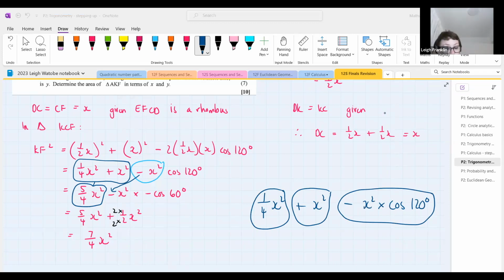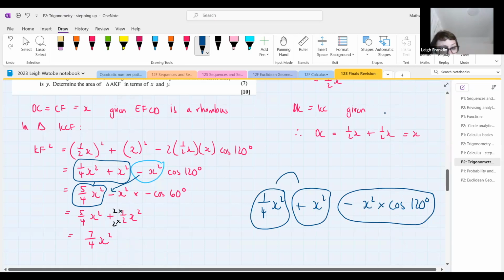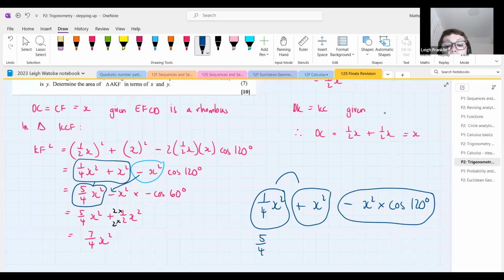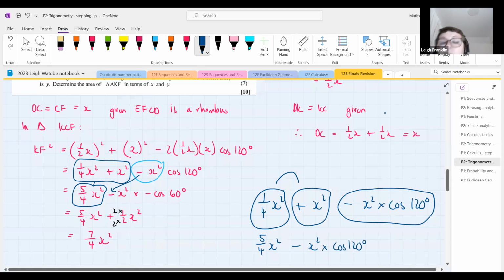Okay, so these two are like terms, so they can be added together. That's where I get 5 over 4x squared from. Now I'm bringing down the minus x squared multiplied by the cos of 120.